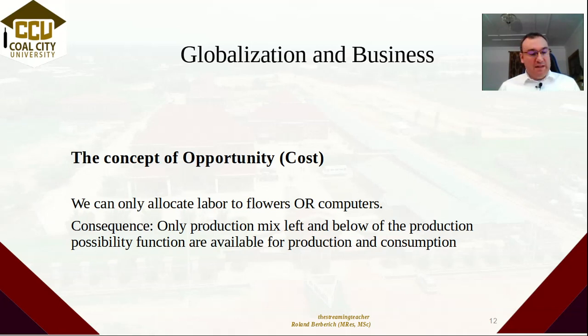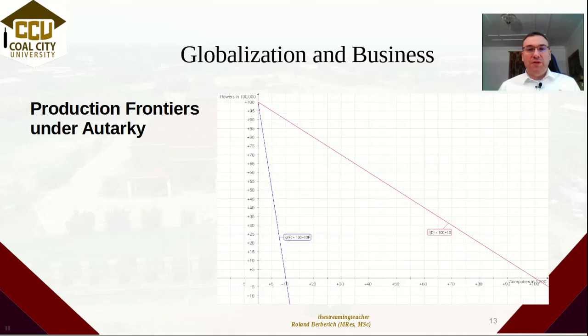The consequence of that is, when we are drawing a production function, the red line being our domestic production function, the blue line being the foreign production function, we can only choose production that is on that line or left and under of it. We cannot choose other production mixes. Now, why would we choose to produce below our capacity? For now, we will assume that we are producing exactly at our production capacity, which is called the production frontier.